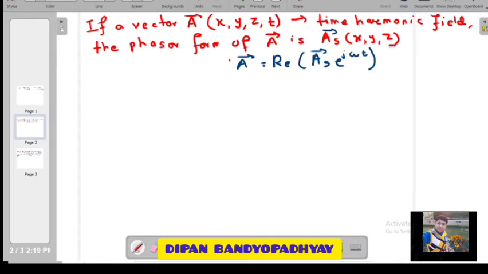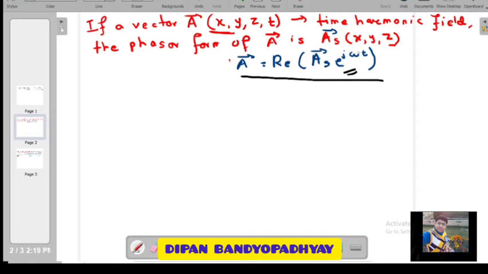The relationship between this A and this A_s is that A is equal to the real part of A_s e to the power j omega t. This e to the power j omega t is for a time harmonic field. We are assuming the field varies sinusoidally, so simply multiplying by e to the power j omega t accounts for the time variation.